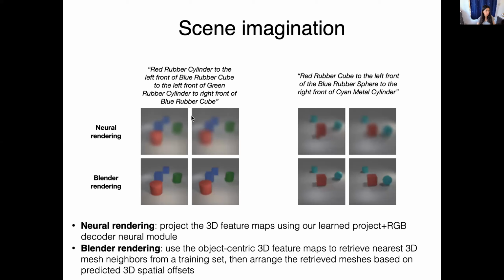As you see here is the blue rubber cube and the blue rubber cube and the red rubber cylinder indeed, and the green rubber cylinder. While if you map the features all the way to pixels, things are blurry. The features themselves can select the right object, all right? So they can do nearest neighbors correctly, and you can retrieve those objects and really put them in Blender and render them and then look at them.